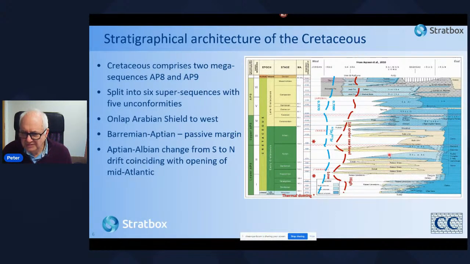So these major unconformities are attributed to major tectonic events happening outside the Arabian Plate area, and some of these are attributed to thermal doming events in the African Plate itself. So these major sedimentary sequences are really controlled by a combination of megatectonic events and more local thermal events.